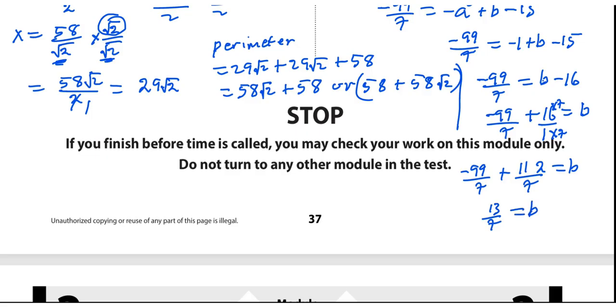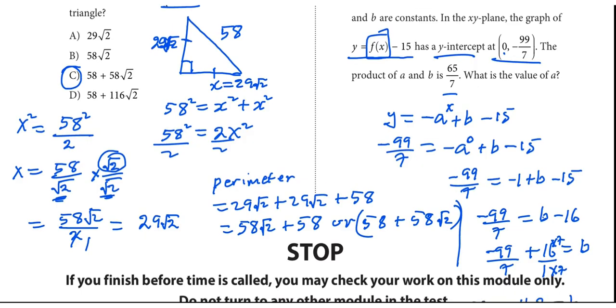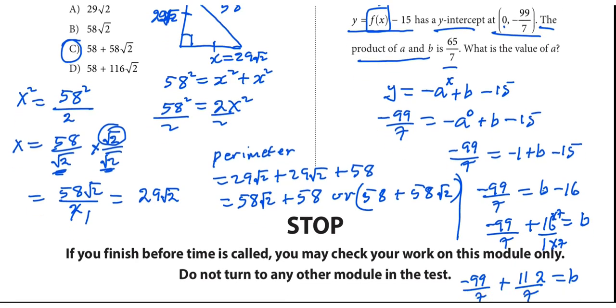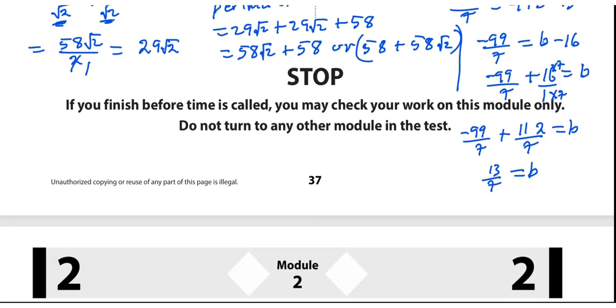All right, so now coming back to the question, it states that the product of a and b is 65 over 7. The product of a and b simply means when a and b are multiplied, they give us 65 over 7, and we have found the value of b to be 13 over 7, so we can simply multiply that by a.